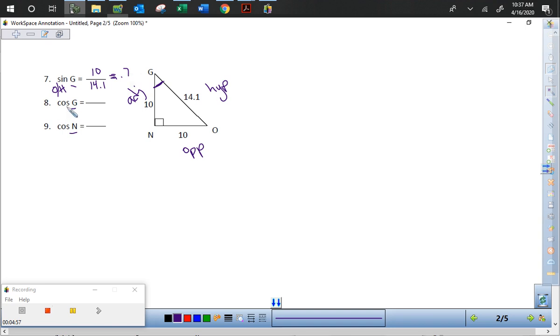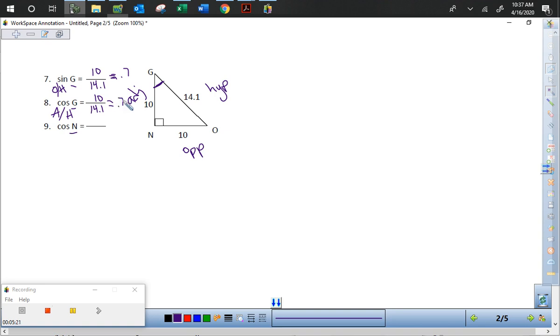Then it says the cosine of G. We're still focusing on G, so all of these labels are still good, but it wants cosine, that's the CAH in SOHCAHTOA. So we want to put the adjacent side over the hypotenuse this time. Well, adjacent was also 10, so it looks like 10 over 14.1 again, which means it's still that 0.7 from before.